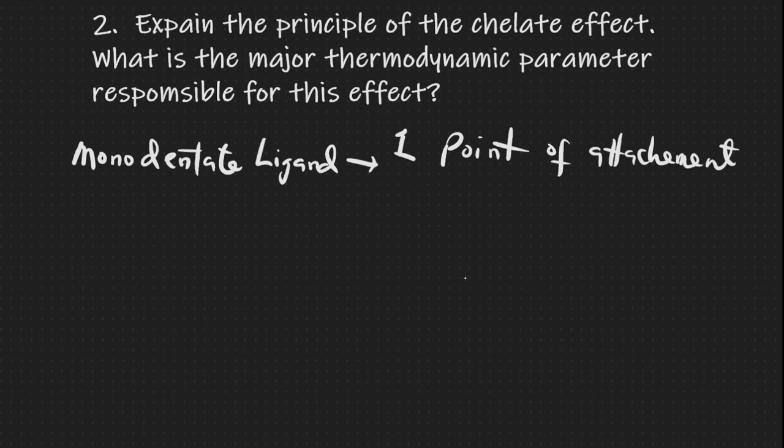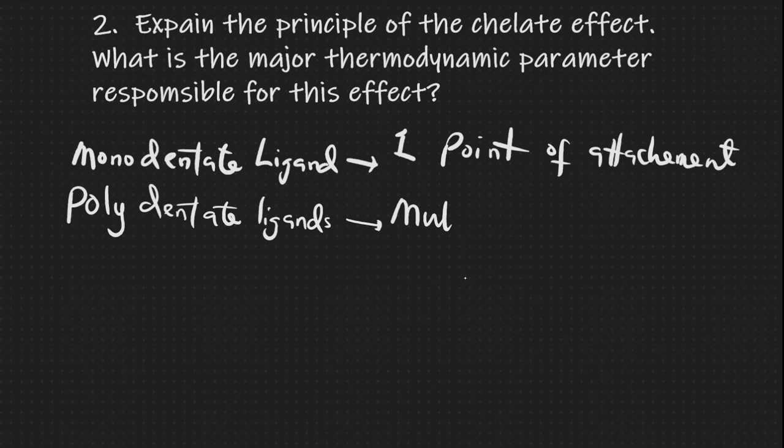The polydentate ligands have multiple points of attachment. So this chelate effect has to do with these polydentate ligands. In other words, we can call these polydentate ligands chelating ligands.